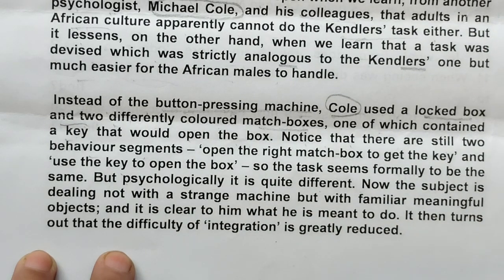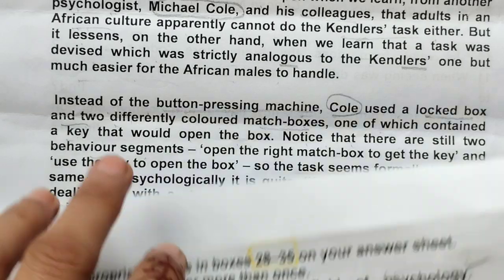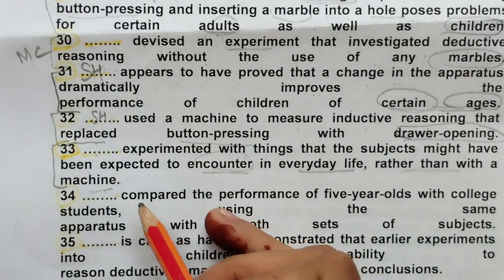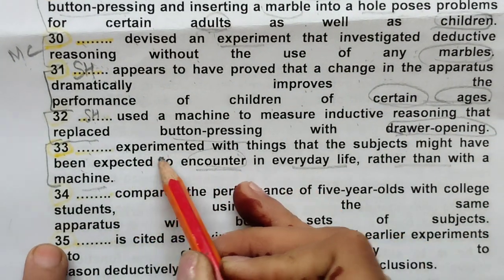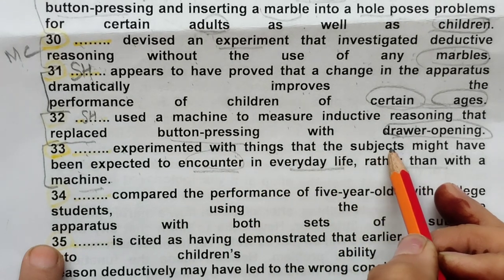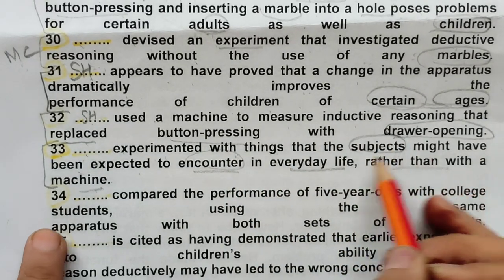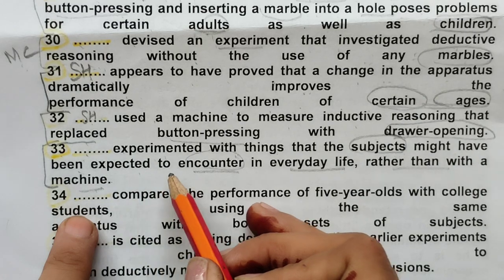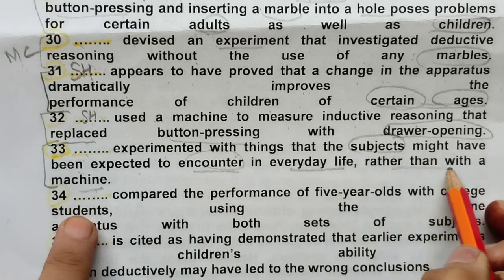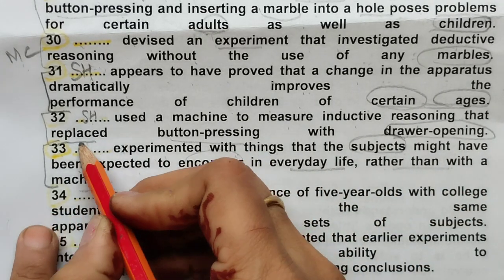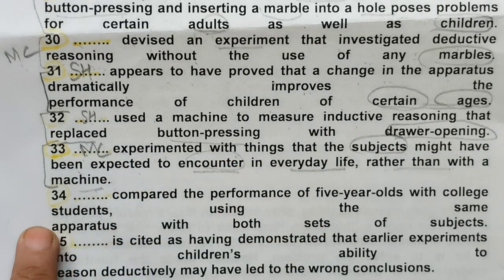So it means they are talking about Cole, Michael Cole. MC we will just write here. See this: experimented with things that the subjects, so same words we have matched, expected to encounter in everyday life rather than with a machine. So MC will come here. I will show you.